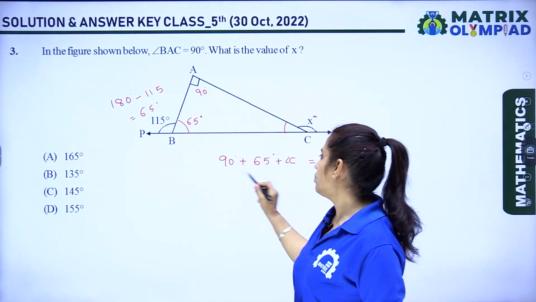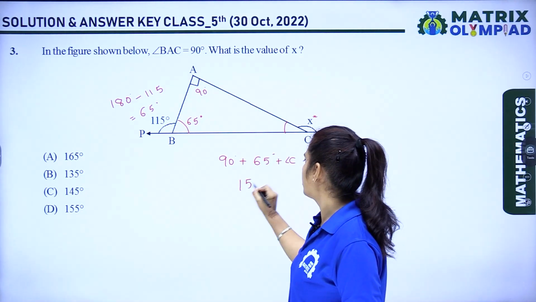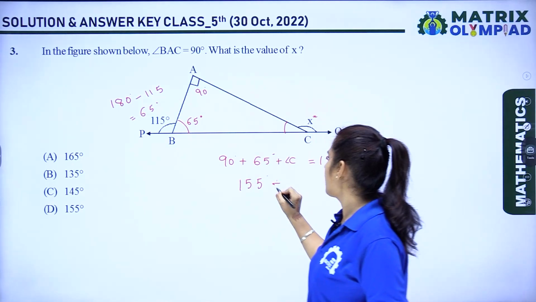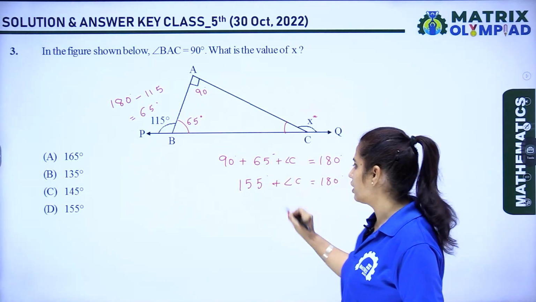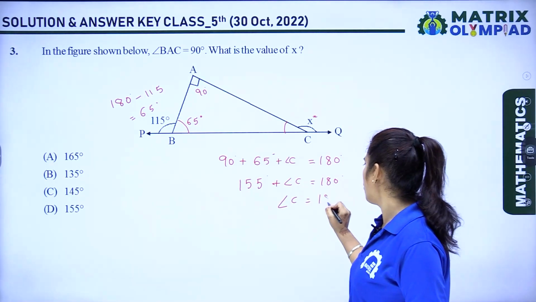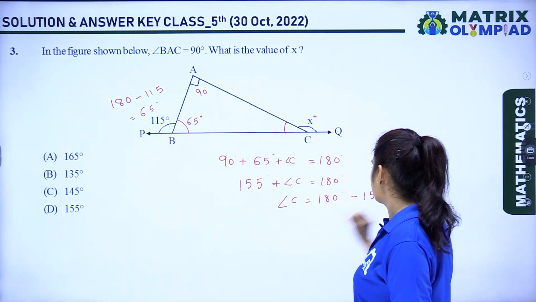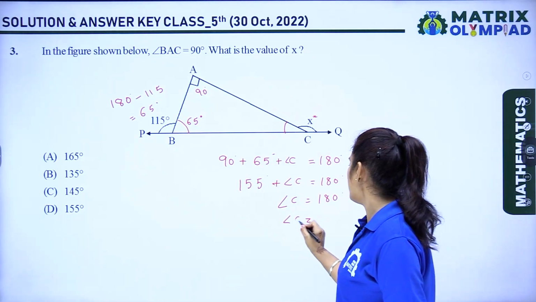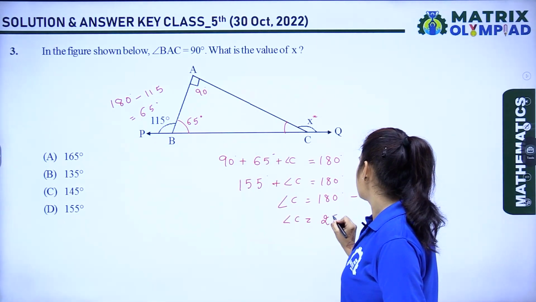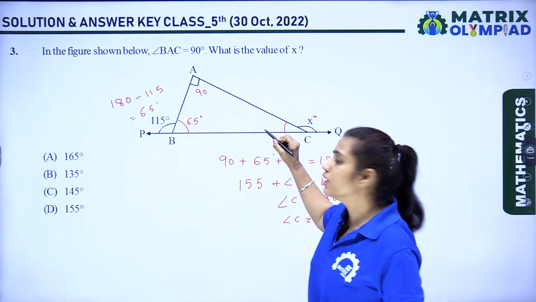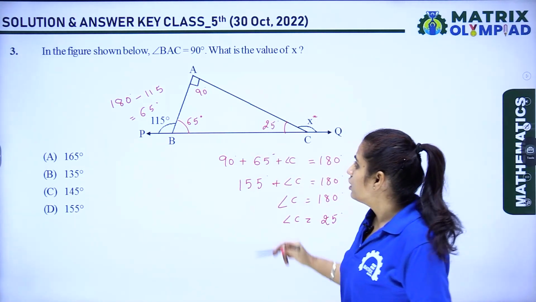So, here 90 plus 65 will give us 155 degree plus angle C is equal to 180 degree. So, angle C will be 180 degree minus 155 degree. So, angle C will be, after doing the subtraction, we get 25 degree. So, here the third angle will be 25 degree.